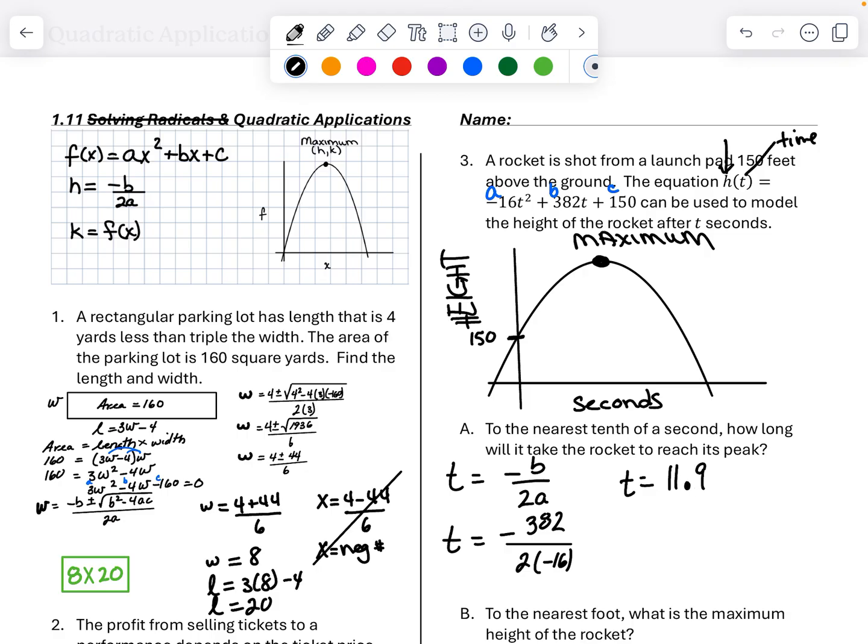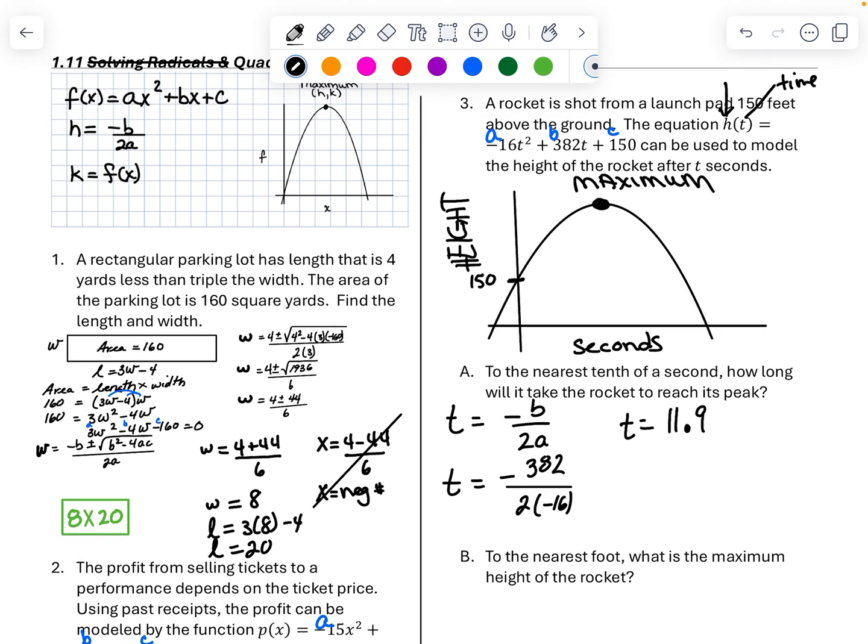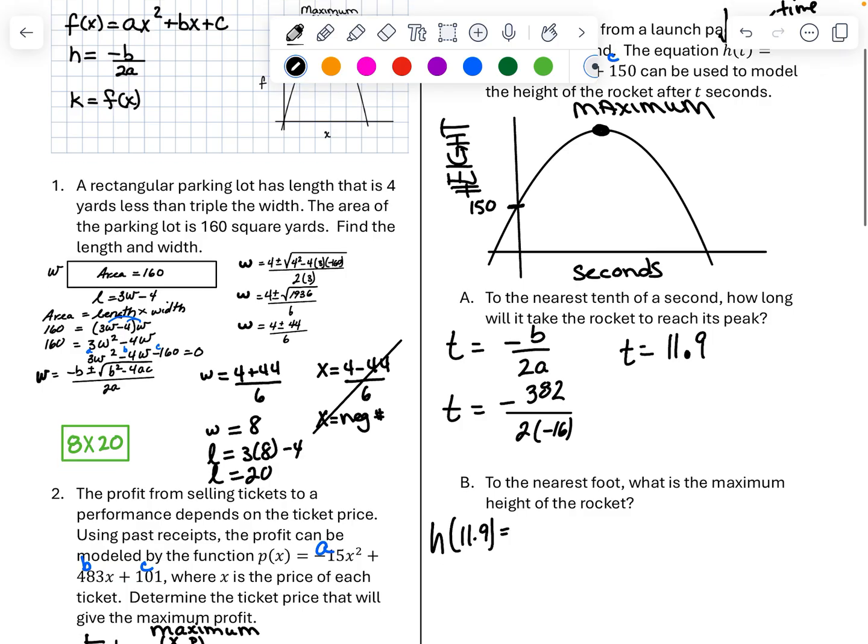And then to the nearest foot, what is the maximum? So then we're going to take the formula, which is h, and we're going to put 11.9 in the formula. So that is negative 16 times 11.9 quantity squared, plus 382 times 11.9, plus 150, because we're standing on a building or something.